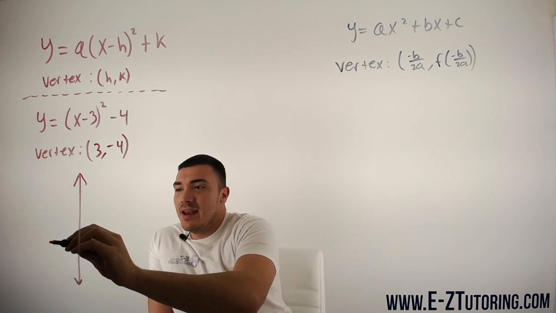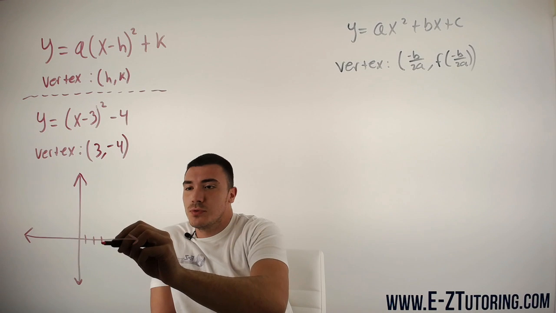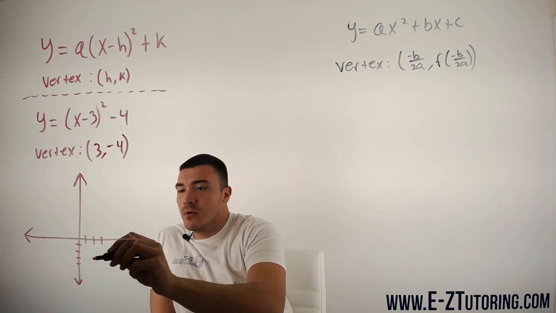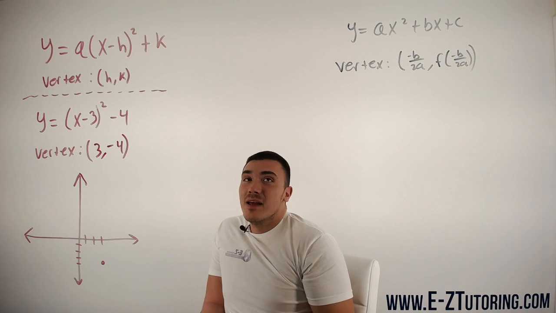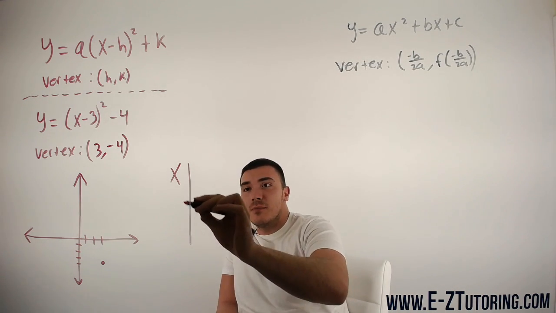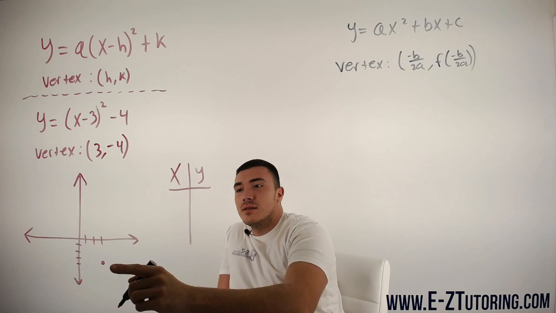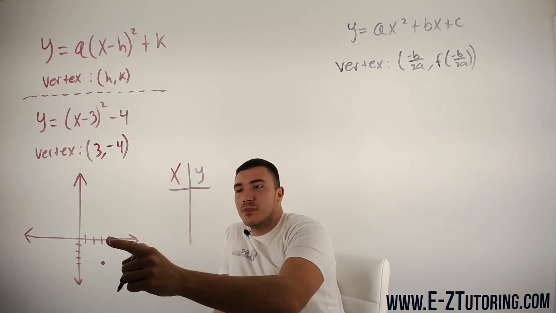So we can go ahead and graph our vertex here at 1, 2, 3, 1, 2, 3, 4 over there. And like I said, all you want to do now is really just plug in a point to the left and plug in a point to the right of your vertex. So our vertex is at 3.